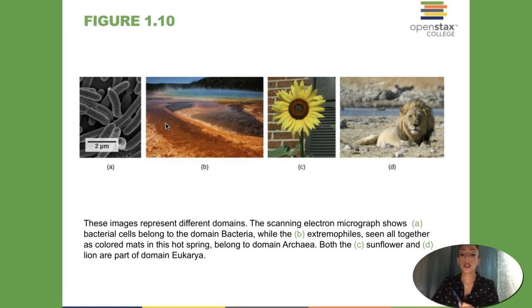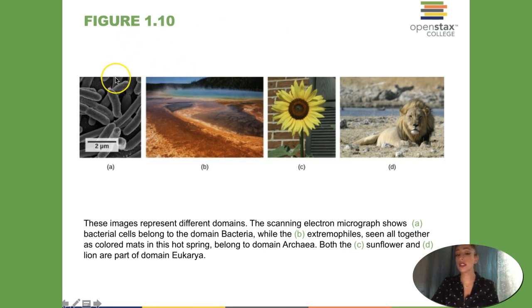Domain Eukaryote would be, for example, C and D right here. These would have DNA enclosed inside nuclei. Domain Bacteria and domain Archaea would be A and B right here.